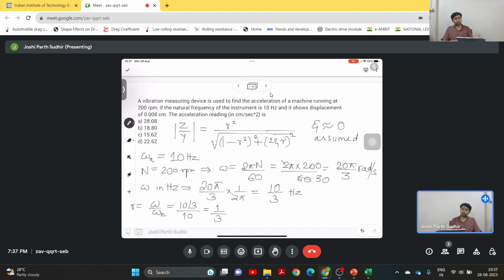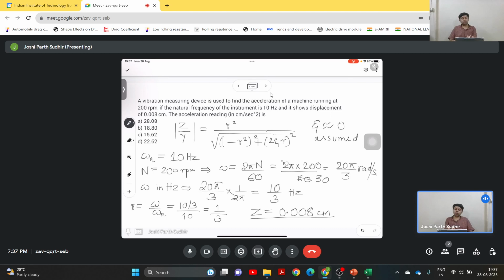And we have also assumed that zeta is equal to 0. It is given that it shows a displacement of 0.008 centimeter. So Z is the displacement that it actually is measuring. Let us say that Z is equal to 0.008 centimeter.